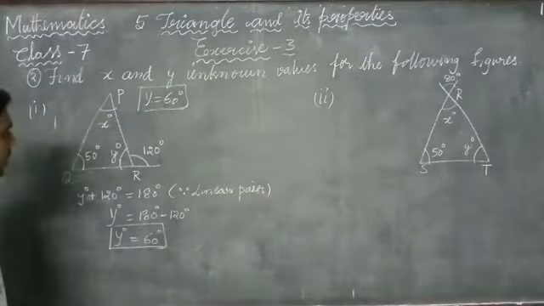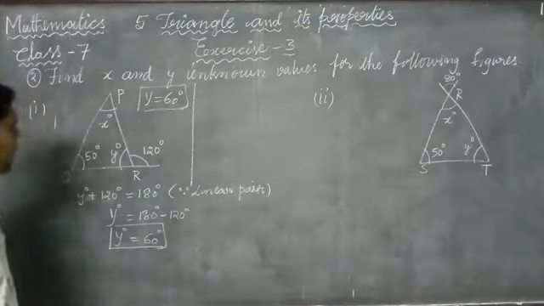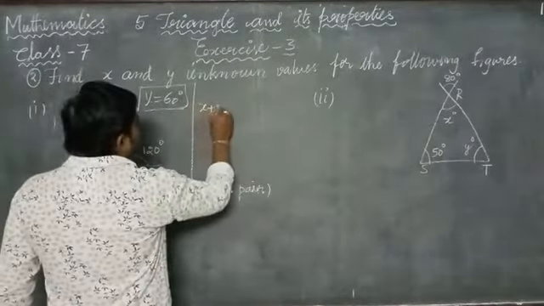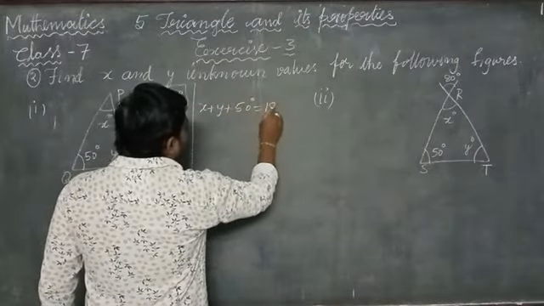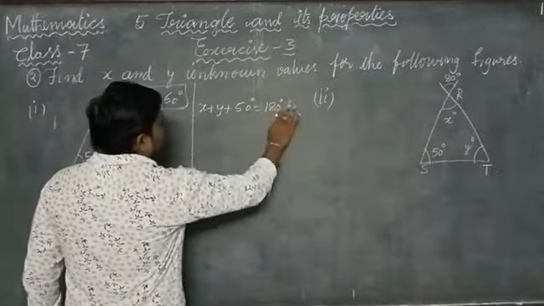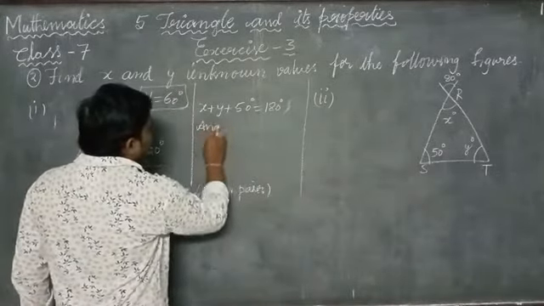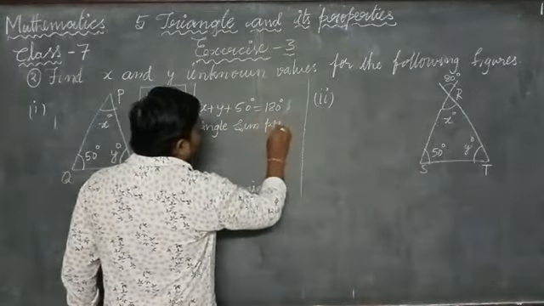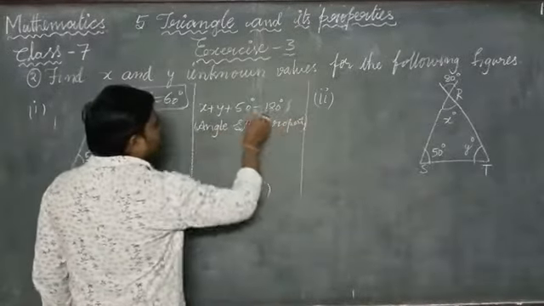Okay, after that from angle sum property, it can be written as x plus y plus 50 degrees equals 180 degrees. From angle sum property we can write like this.